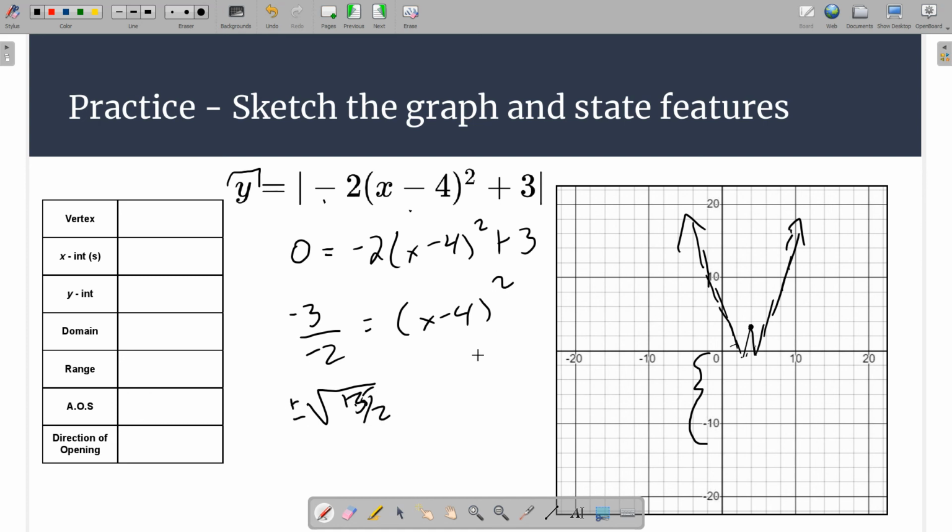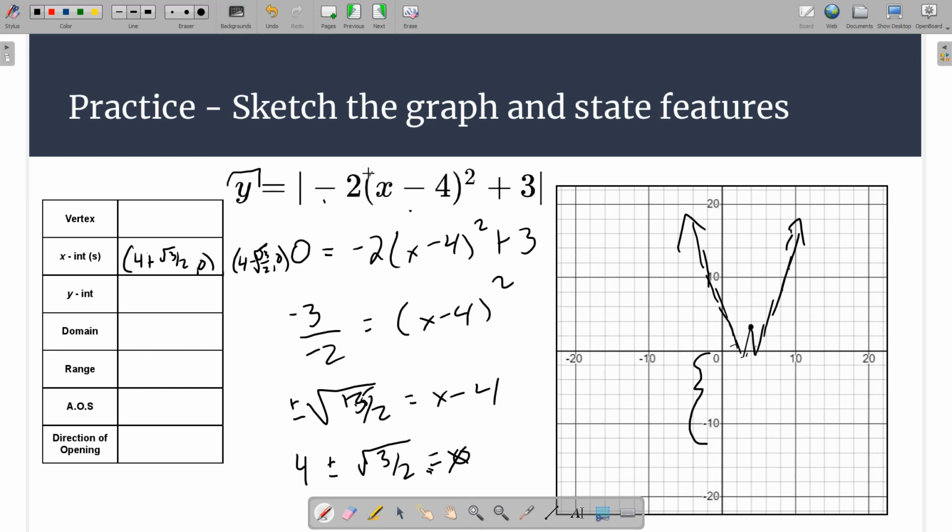Or when I square root, I have plus or minus x minus 4, so it's 4 plus or minus the square root of 3 over 2 is equal to x. So I'll write that in right here: 4 plus square root 3 over 2, comma 0, and 4 minus square root 3 over 2, comma 0.